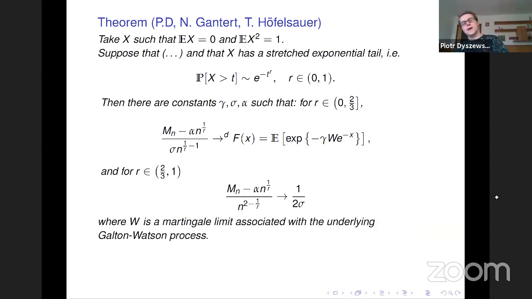And in this boundary case, this one big jump is supplemented by this Gaussian shift. However, this contribution can be hidden in this constant gamma. So in particular, this gamma is not a continuous function of our parameters.